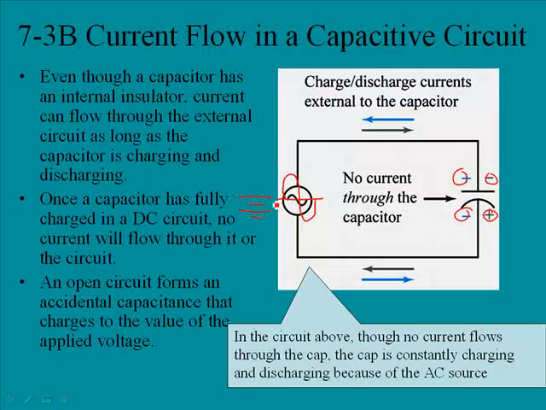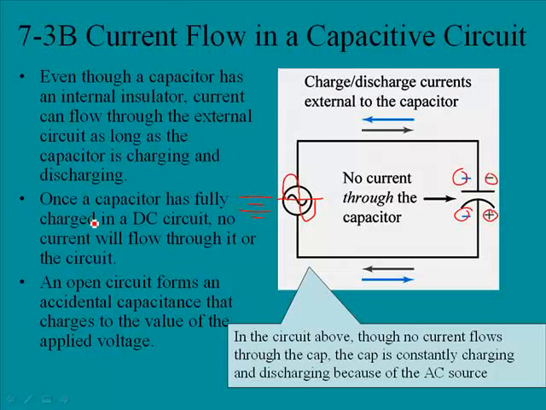And so the capacitor will be constantly charging and discharging, and so current will continue to move in the external circuit with an AC signal source. Now remember that current does not go through the cap.